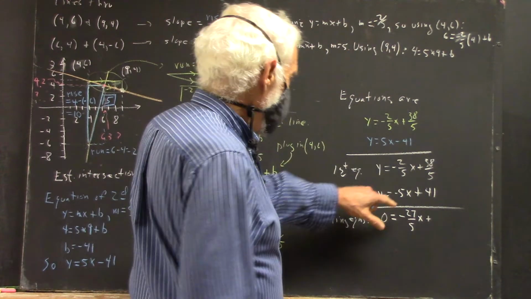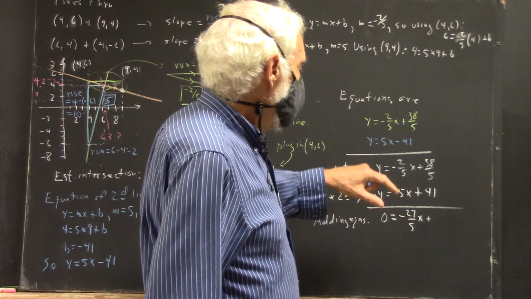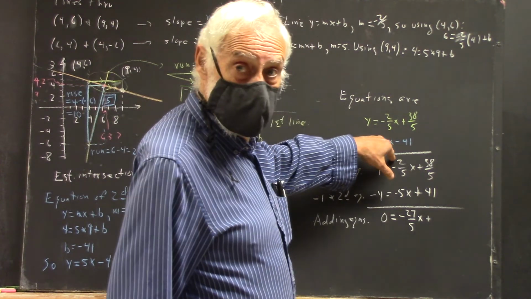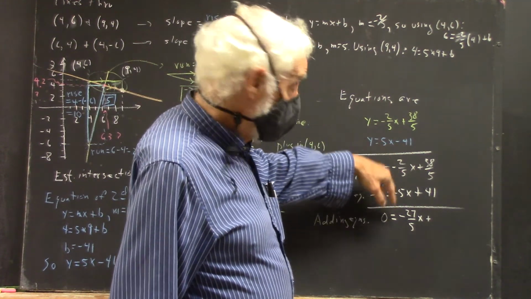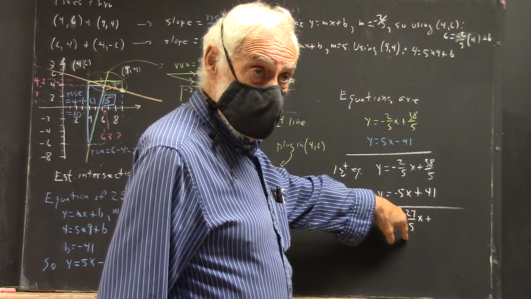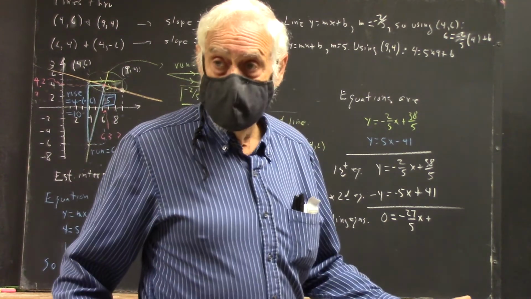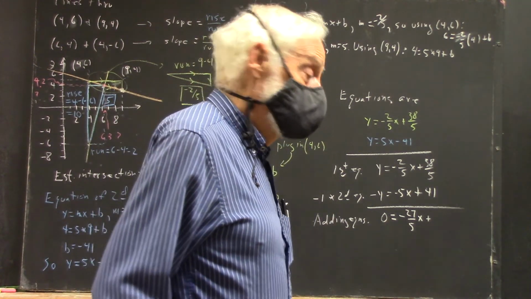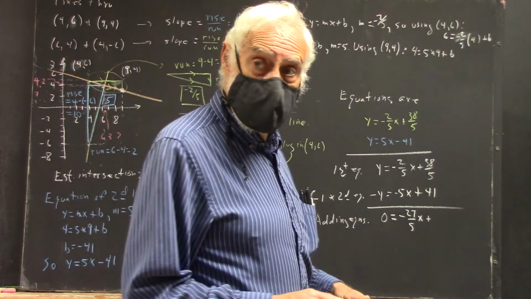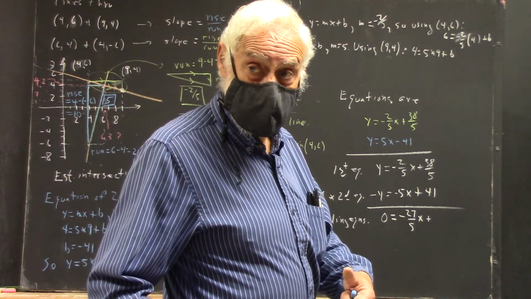Anyhow, you get -27/5 x plus what? Now I just put the 5, -5 is -25/5, and -25/5 added to -2/5. Well, -25 and -2 gives you -27, so you have -27/5, okay? Now, if you just follow the procedure for adding fractions, that's what you're going to end up with. Got to know that. Don't want to stumble over that when you get into MDE 61 and Math 161, okay?